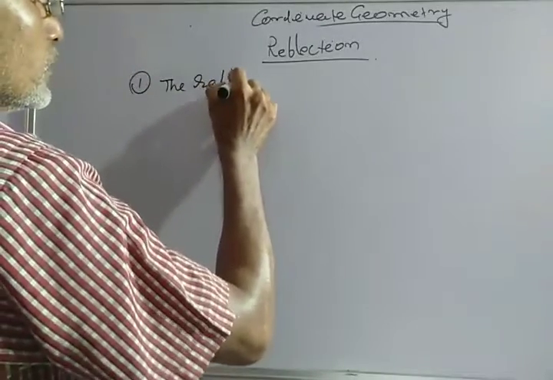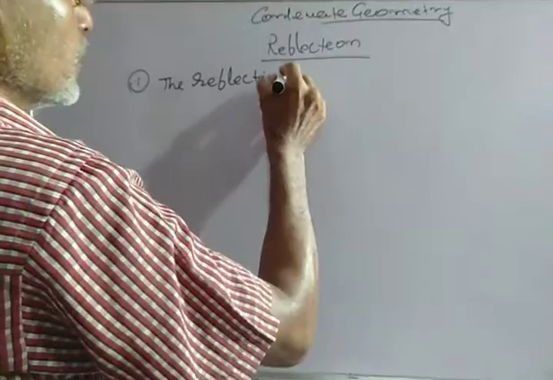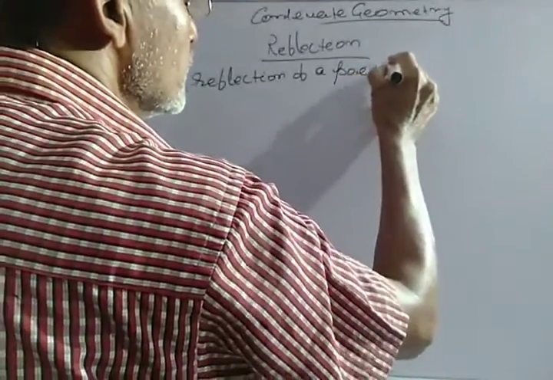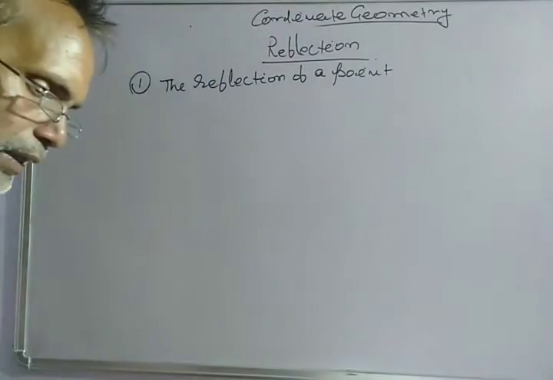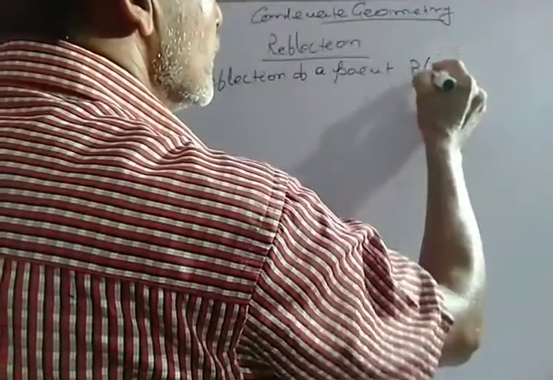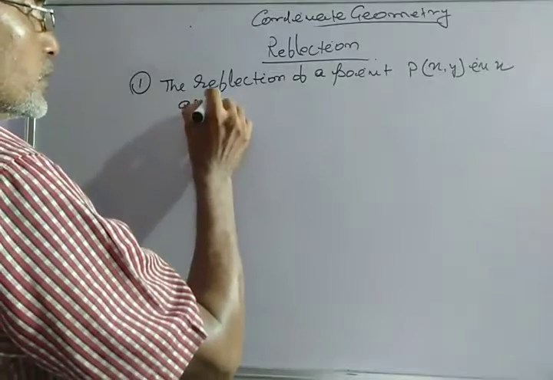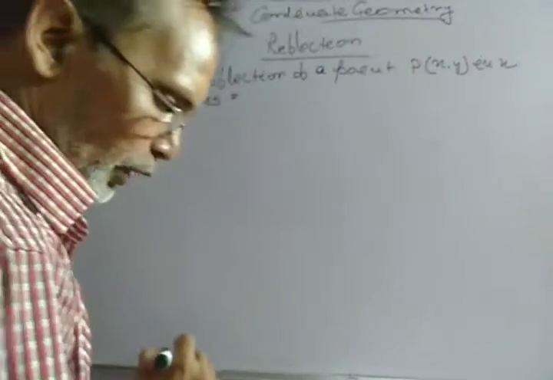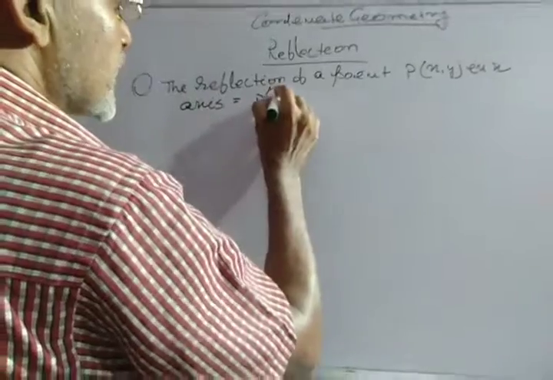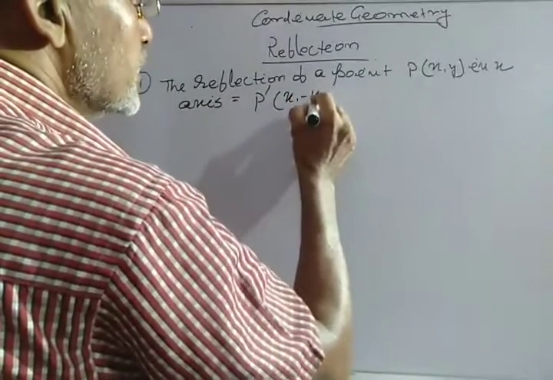Number 1, the reflection of a point P(x, y) in the x-axis is equal to P dash (x, minus y).